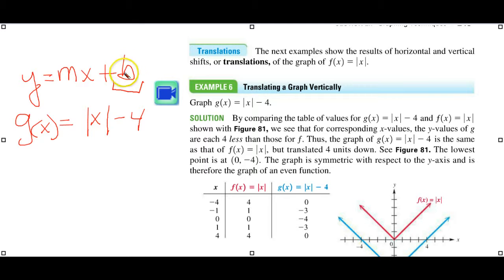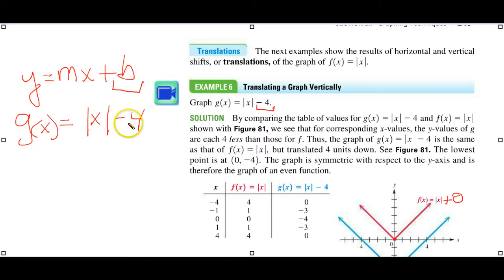This is our y-intercept. So what's going to happen when we have this absolute value and then we have a negative 4? Well, this is without the negative 4. So for this one, our y-intercept is 0, and that's where it's anchored.